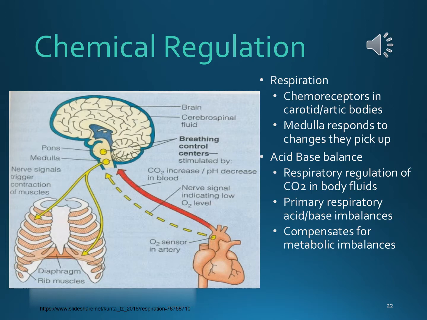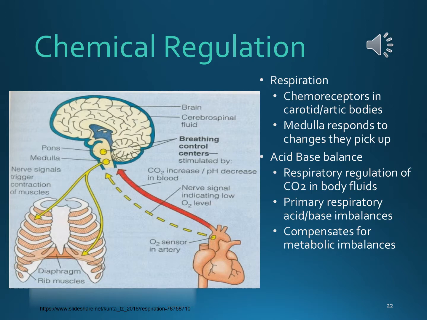Chemical regulation of respiration determines the rate and the depth at which we breathe. So you have chemoreceptors in your carotid and aortic bodies that respond to the circulating level of oxygen in your blood.